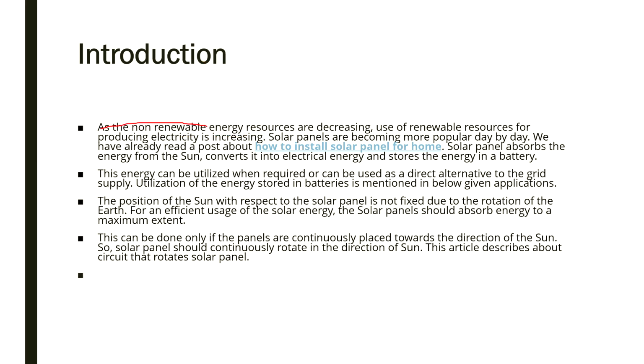As non-renewable energy resources are decreasing and renewable sources for producing electricity are increasing, the solar panel becomes more popular day by day. Why? A solar panel is an energy generation hub which forms energy through the sun's heat. Due to global warming, the sun shines much brighter and gives much more heat.